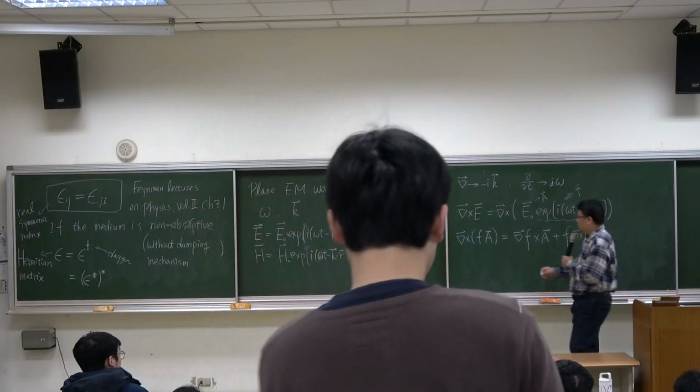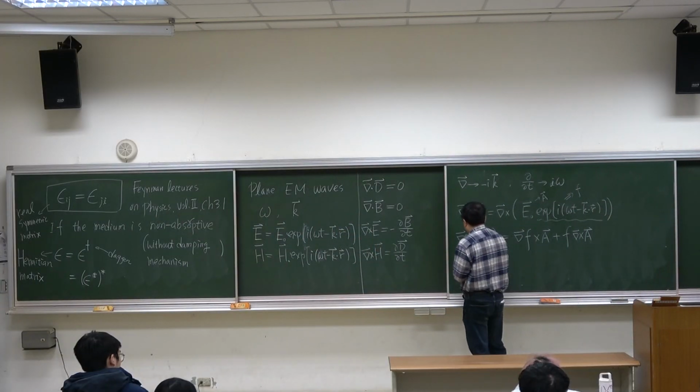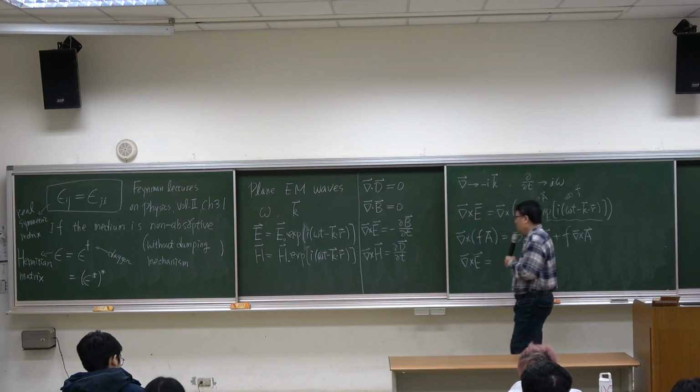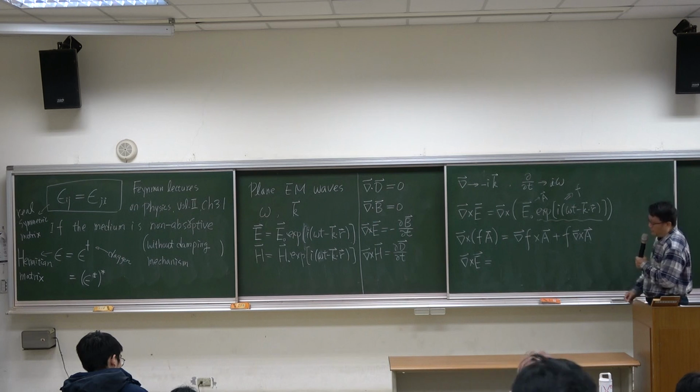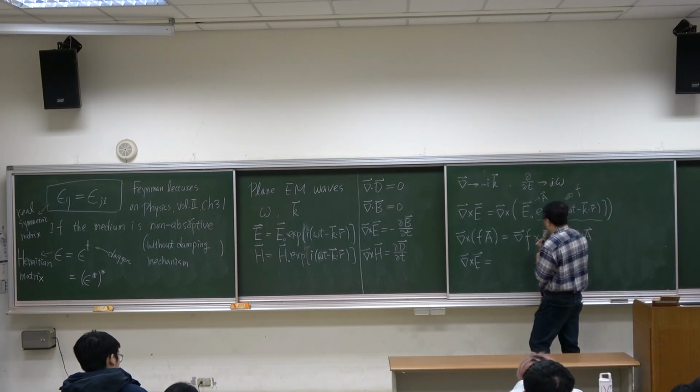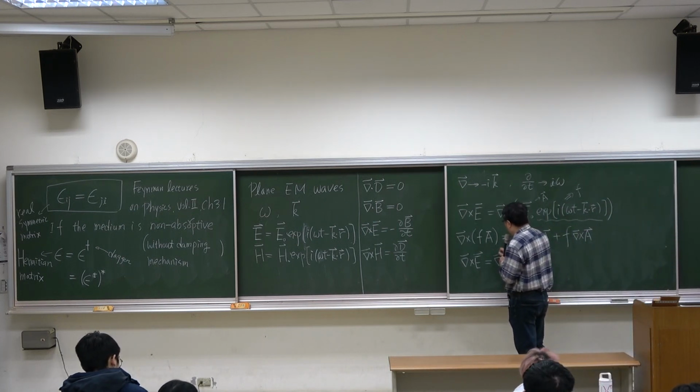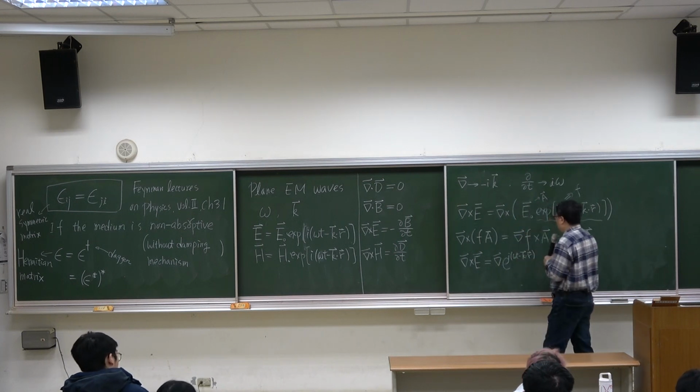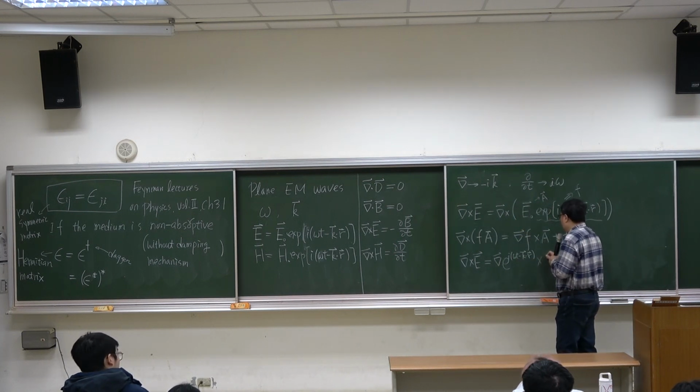So curl E contains two parts. The first part is the gradient of the exponential i(omega t minus k dot r), crossed with E0.